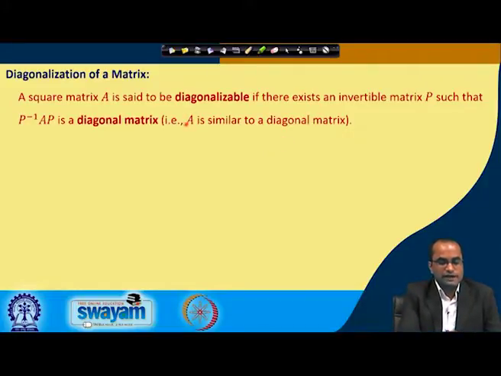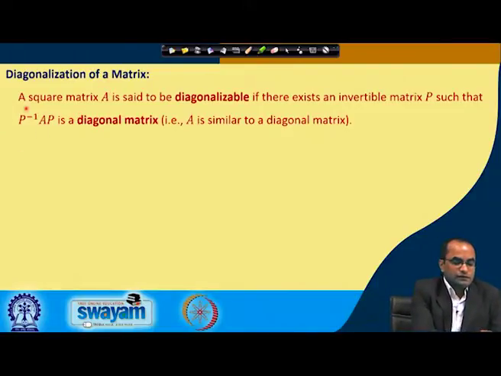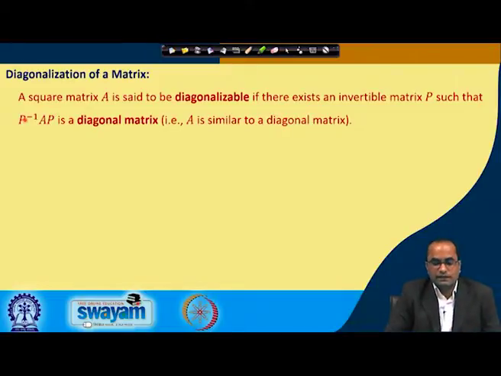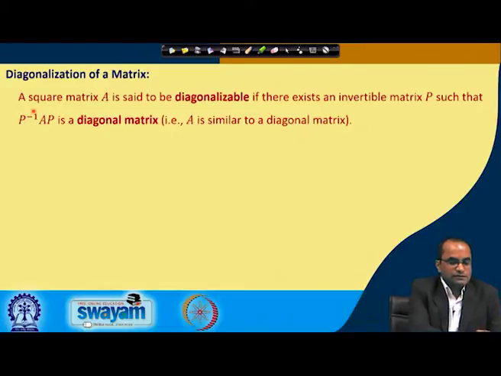So, if A is similar to a diagonal matrix, then A is called diagonalizable. The meaning is that A is similar to the diagonal matrix P inverse A P, and this P is an invertible matrix which we have to find so that P inverse A P becomes a diagonal matrix.